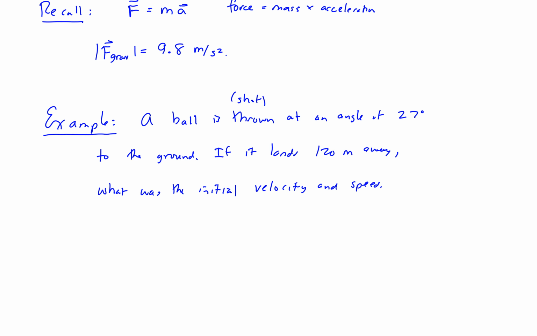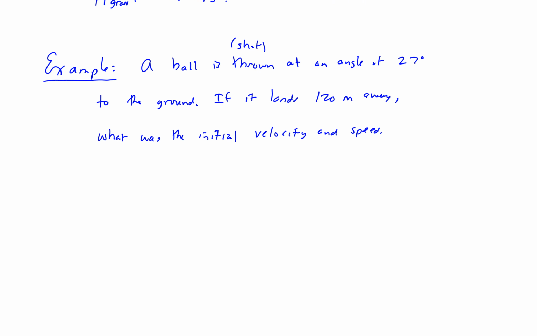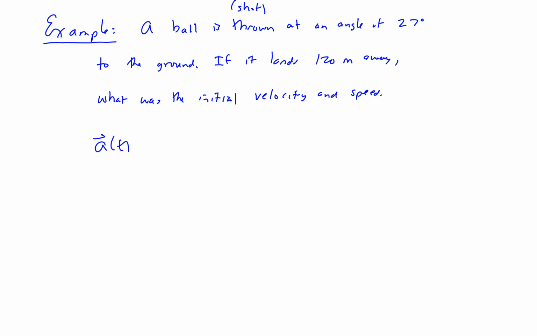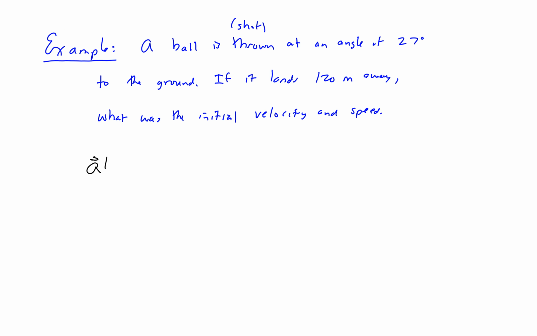So this is the type of problem you would encounter in a first course in physics. Let's see what we've got going on here. The only acceleration we're going to consider is the acceleration due to gravity. So let's start with taking a of t to be minus 9.8 in the j direction.